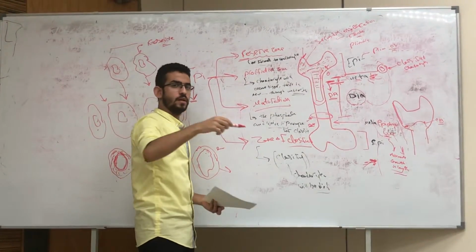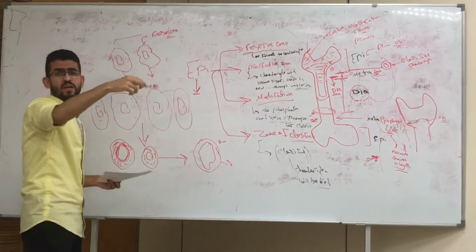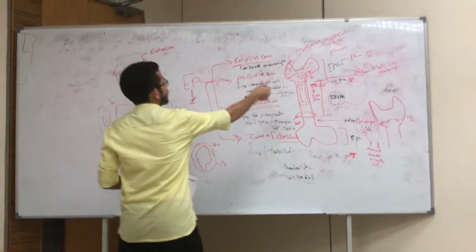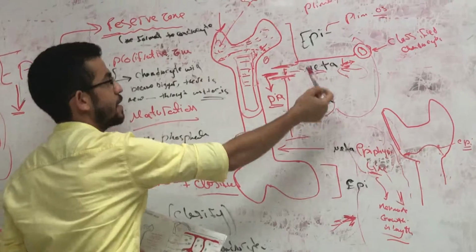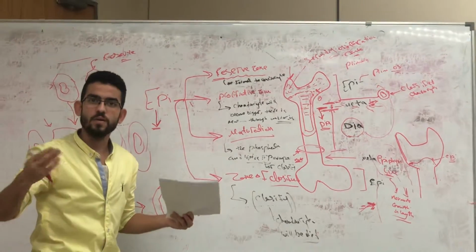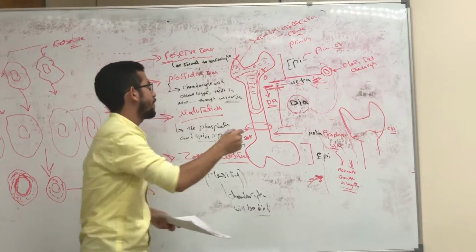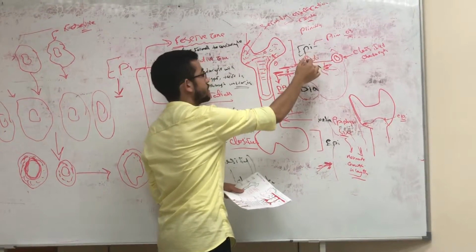Let's make a summary of what we talked about. Now we talked about bone growth. There are three regions in the long bone: epiphysis, metaphysis, and diaphysis. The epiphysis is our primary ossification center. It will make new chondrocytes, and the chondrocytes will mature and calcify in the epiphysis.